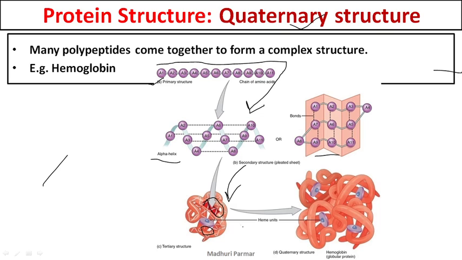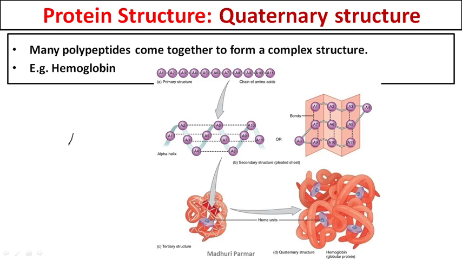Now with this tertiary structure, you can see something different. This molecule is nothing but heme group. Heme is like a porphyrin ring. Have you seen the structure of chlorophyll? In between, what it has is a porphyrin ring. In the same way, a porphyrin ring with iron in the center, Fe.